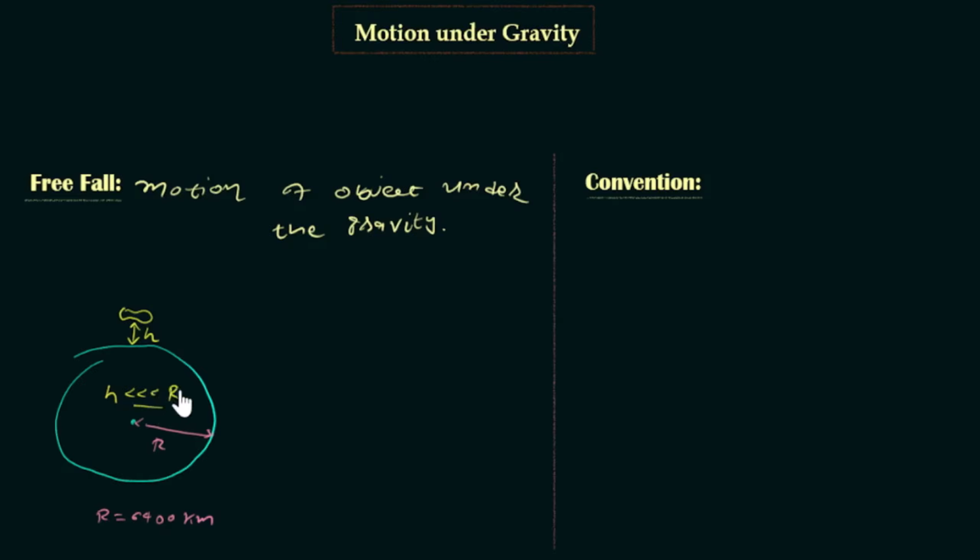In such cases, whenever an object is moving under gravity, a gravitational force is applied on the object, so the object is going to accelerate.